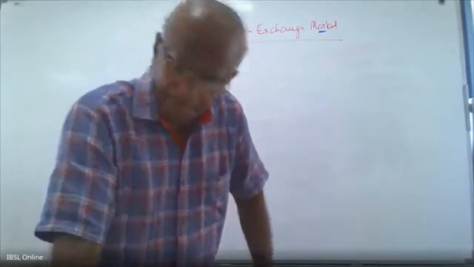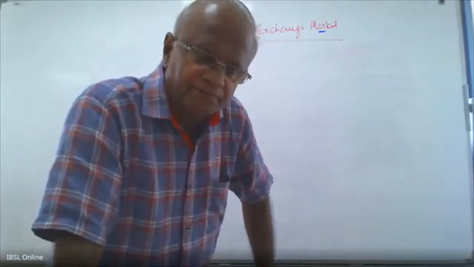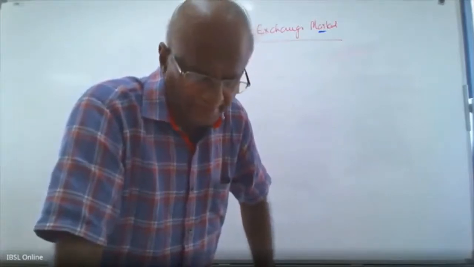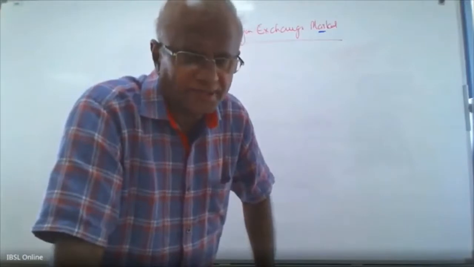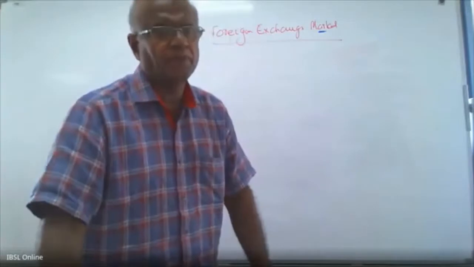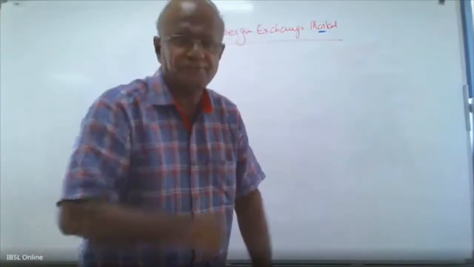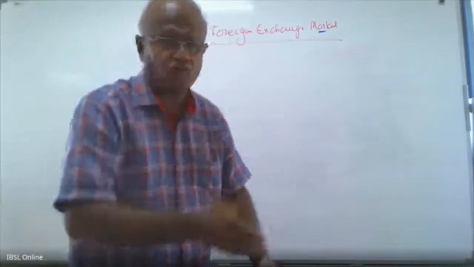It's a market. We have two sides of the market. Demand and the supply. Demand curve and the supply curve. Now we have to ask this question in this foreign exchange market. Demand for foreign exchange. Supply of foreign exchange.